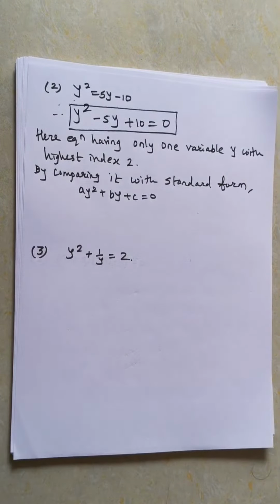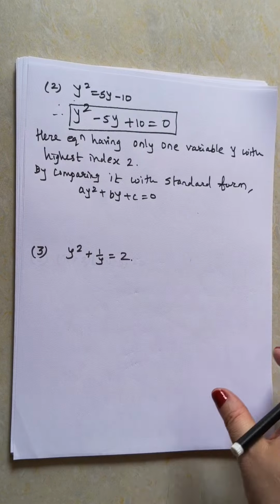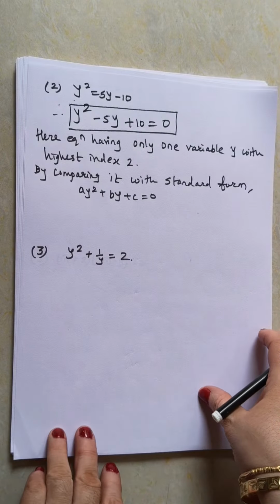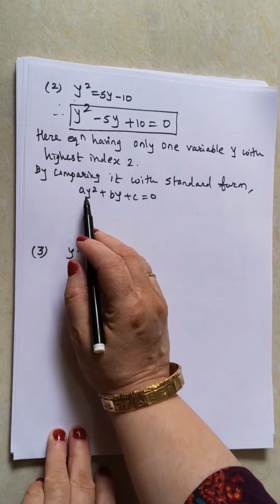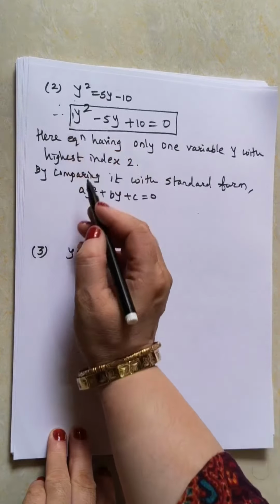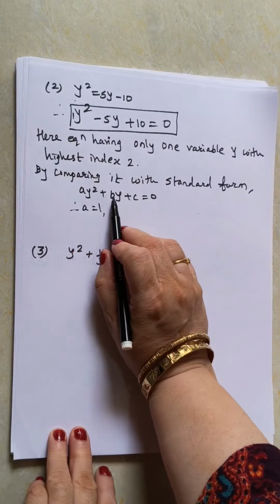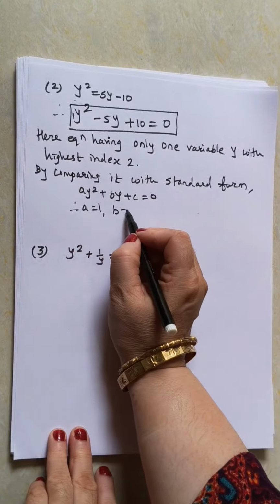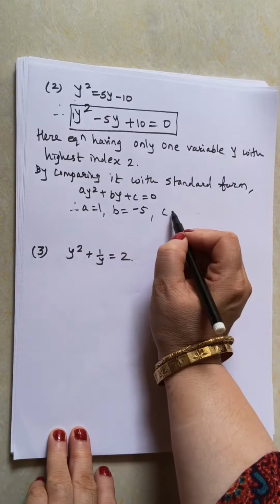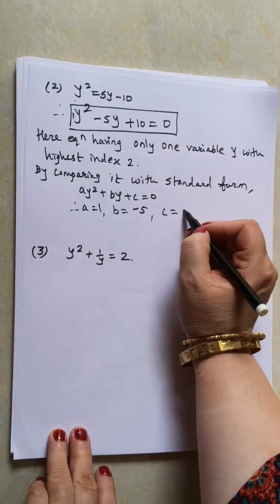Now it is variable y, so we have to write the standard form in terms of y, that is ay square plus by plus c is equals to 0. So what will be a here? A will be 1. जसं आपण लिनियरला करत होतो तसंच आहे. b काय असेल? b will be -5 and what is c? That is 10.